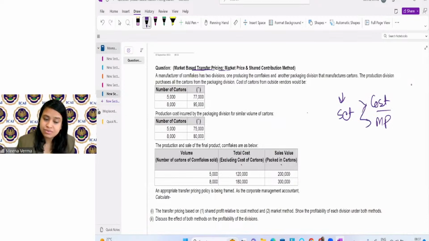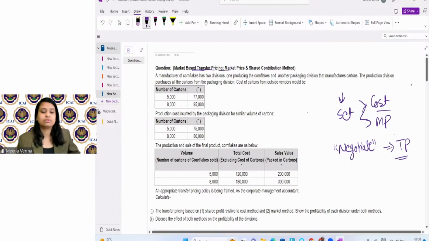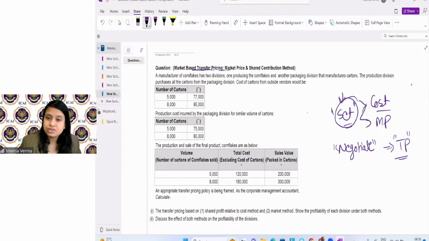Either we set the transfer price between the departments, or the managers of the different departments negotiate with each other to decide the transfer price. This is how things happen here.